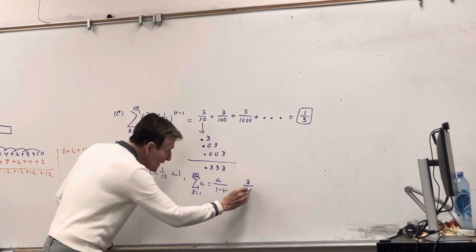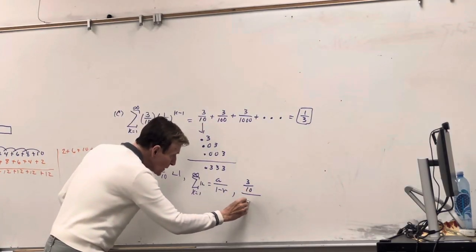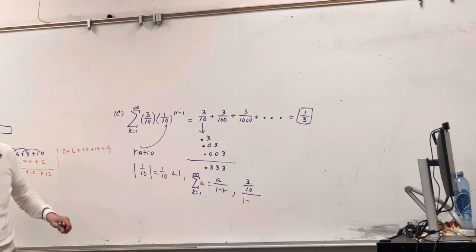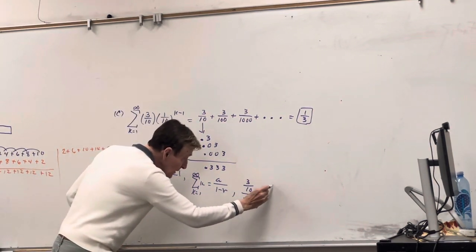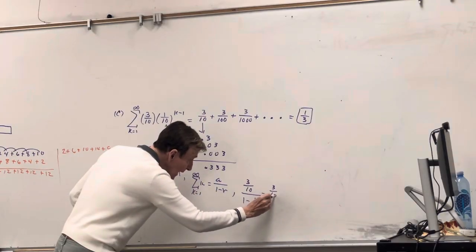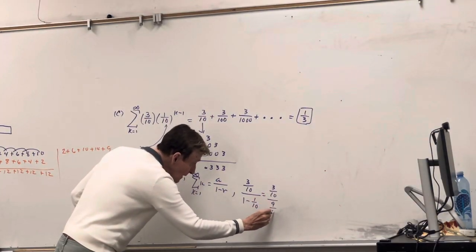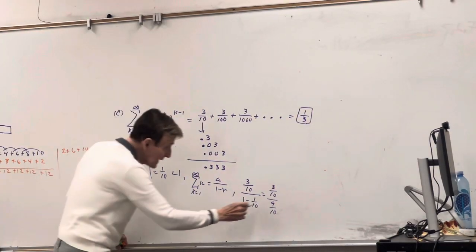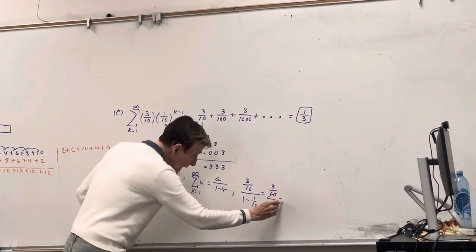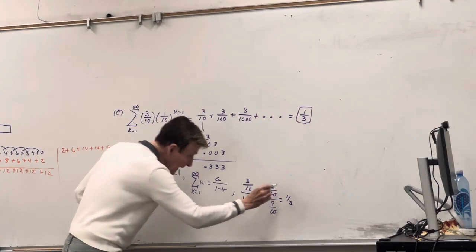That's the a, over 1 minus the ratio, 1/10. That's 3/10 over 9/10. The 10s cancel. We've got 3 over 9, which reduces down to, look at that, 1/3.